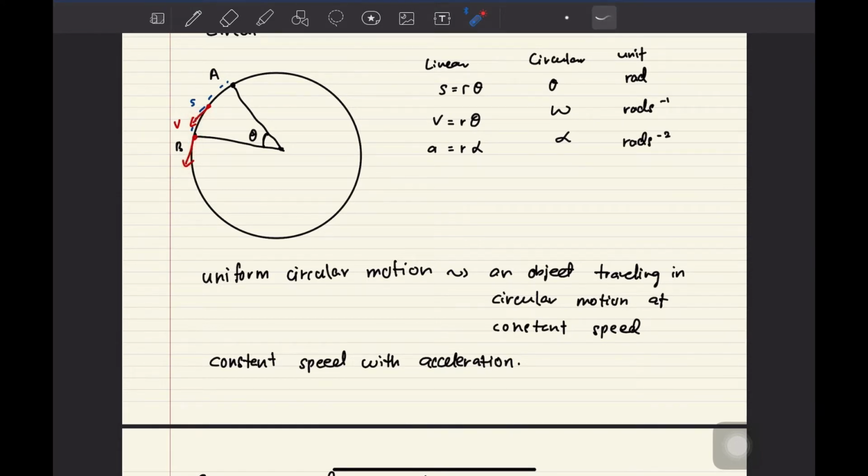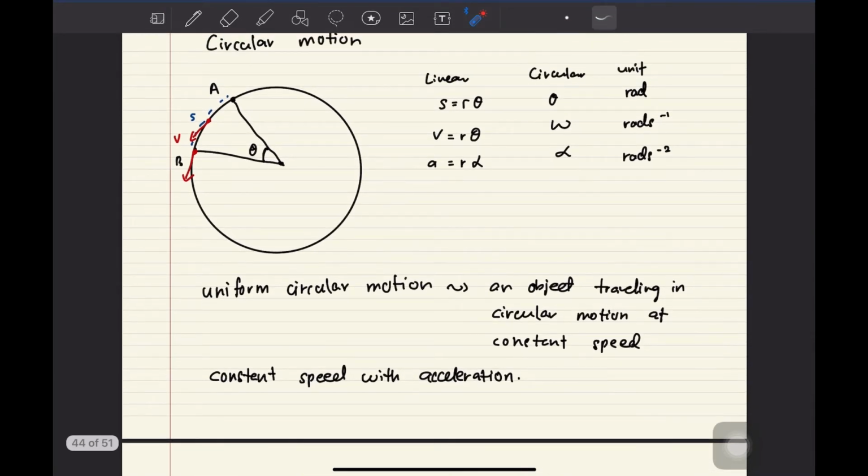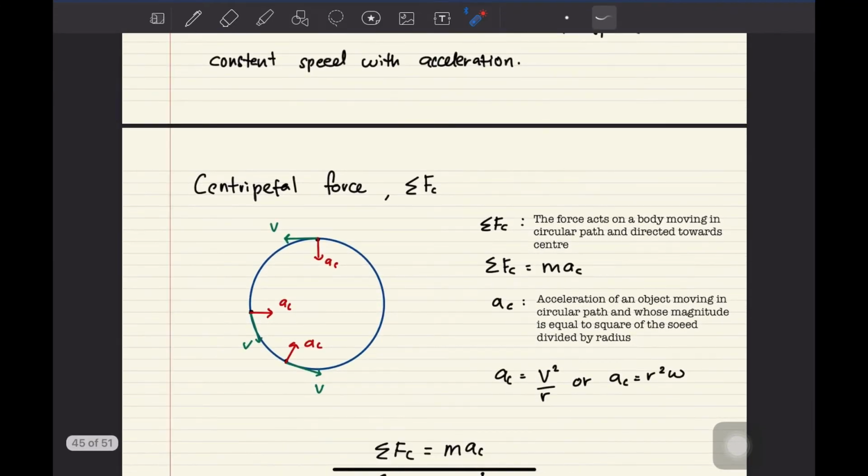The speed is the same, so that's why you have constant speed, but here you have a change in direction, therefore it will produce an acceleration. Acceleration will happen when you have a change in direction or a change in magnitude. That was the first subtopic.